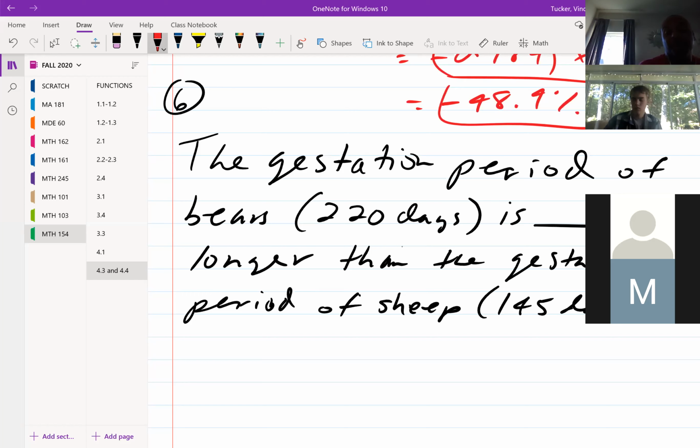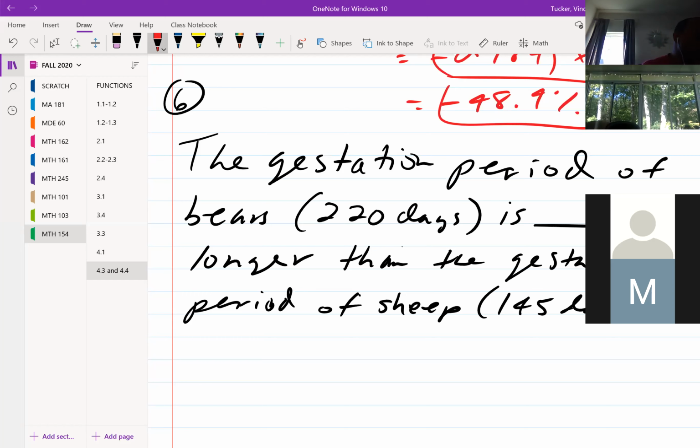We're comparing bears to sheep. So it's not like you have bears' days increasing to 235 or the 220 decreasing down to 130. We have different terminology, but it's the exact same process.